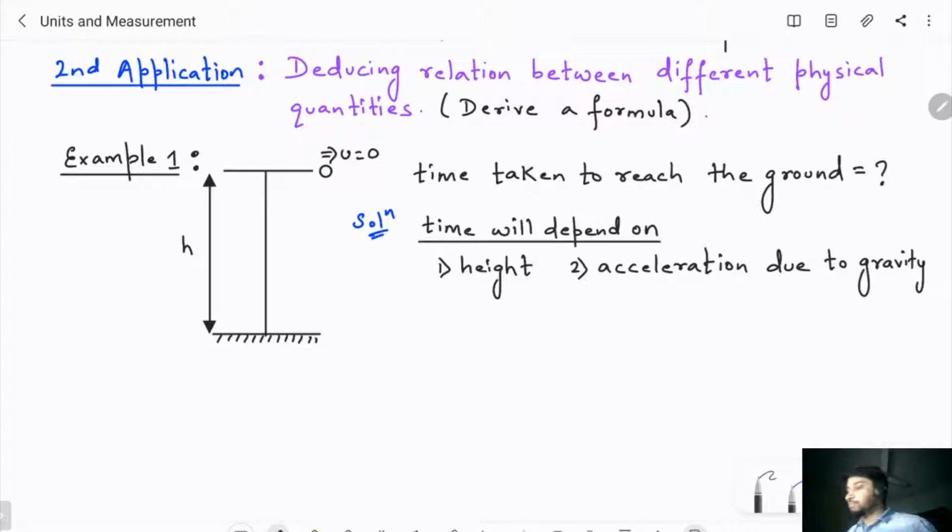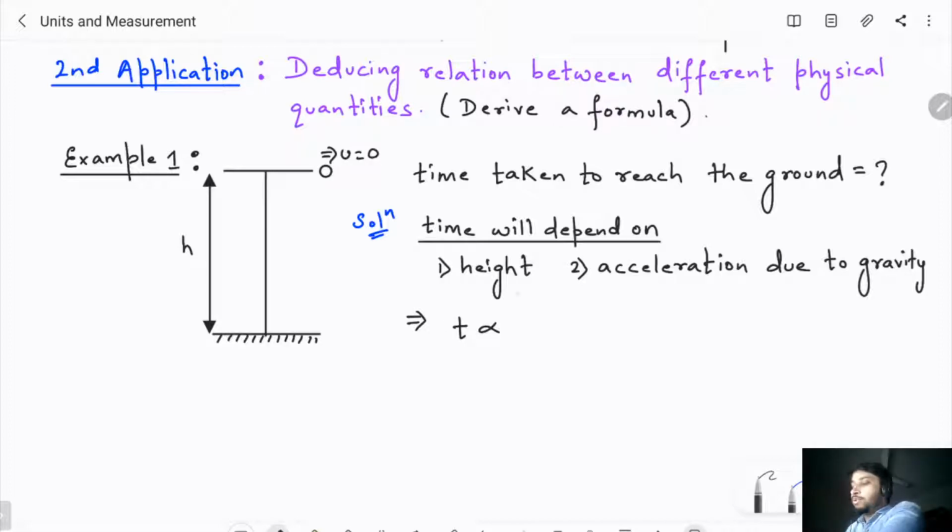Okay. So height h and acceleration due to gravity g. So we can write that t will be proportional to.